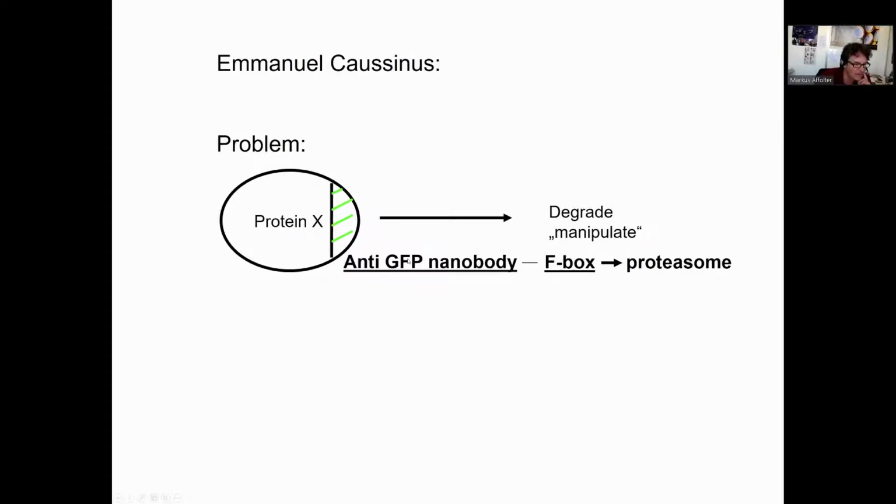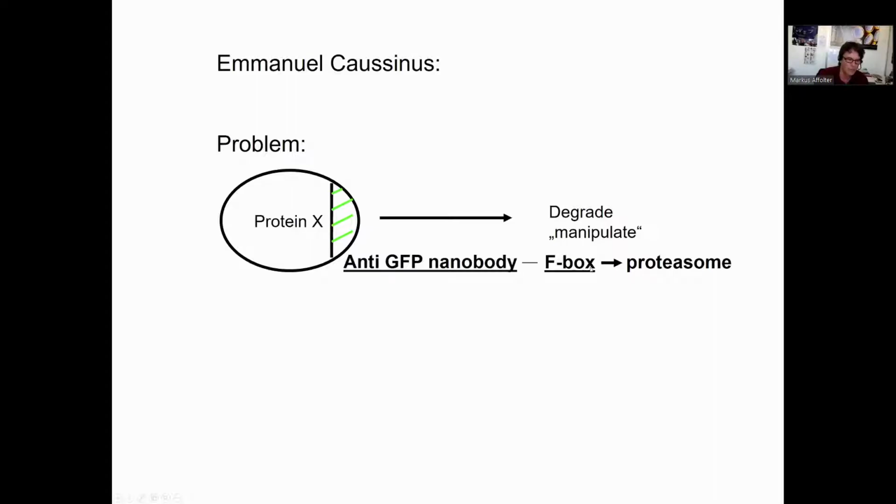But the coding sequence of this nanobody is fused to a so-called F box. And an F box is an amino acid sequence that drags the protein to the proteasome. So if the nanobody F-box construct binds to the GFP, then this GFP fusion protein will be brought to the proteasome and be degraded.